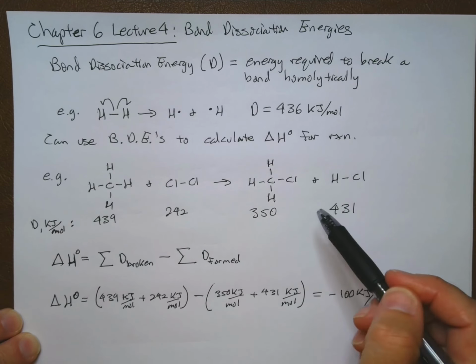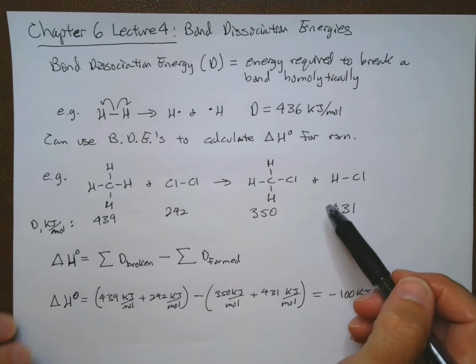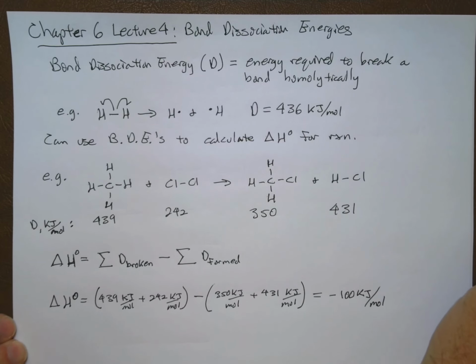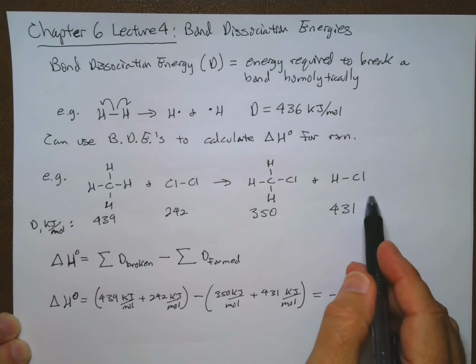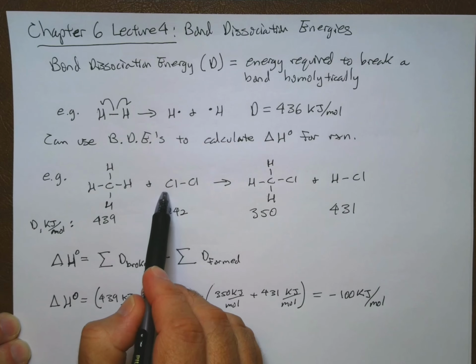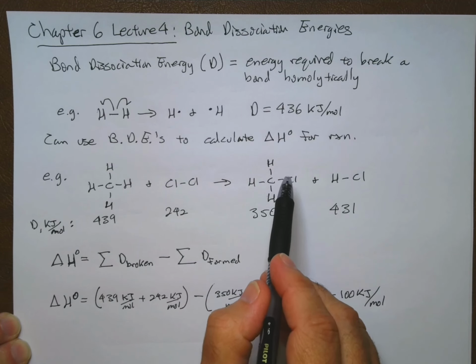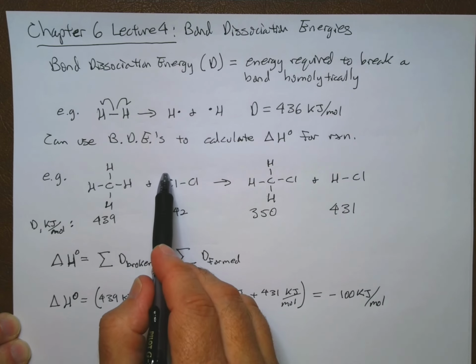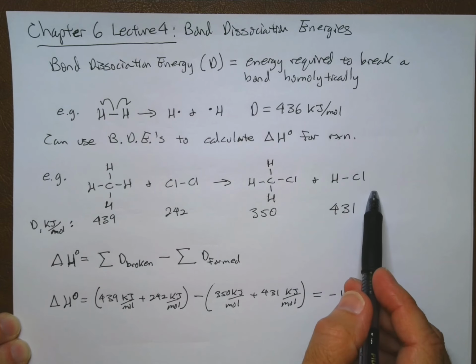Now for this example, what do you think delta S naught would be? You can pause and think, discuss with your friends. Well, if this was all gas phase, I've got 2 moles of gaseous reactants and 2 moles of gaseous products.